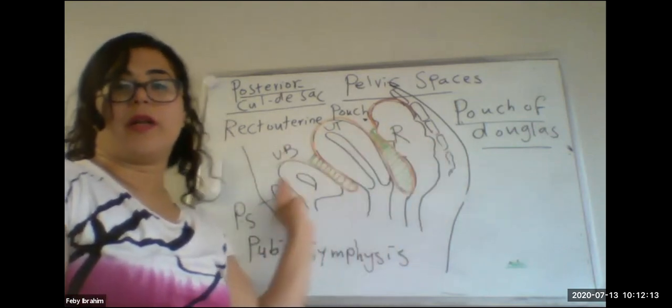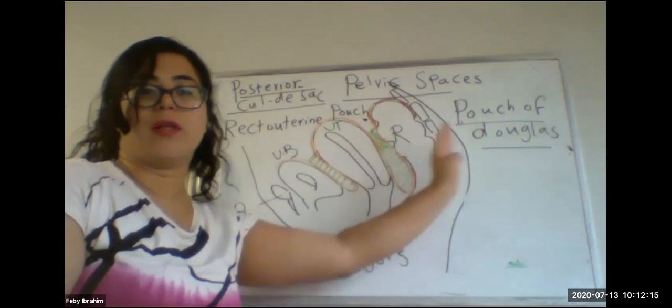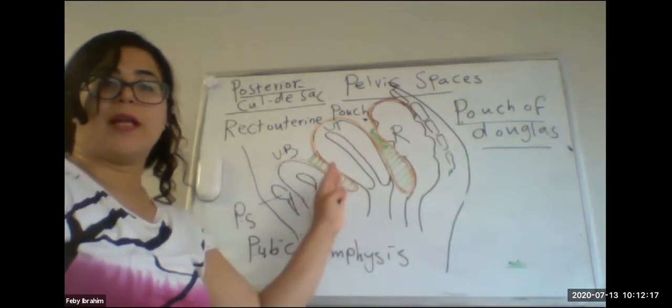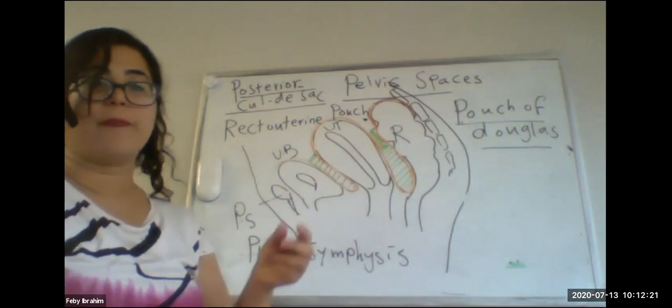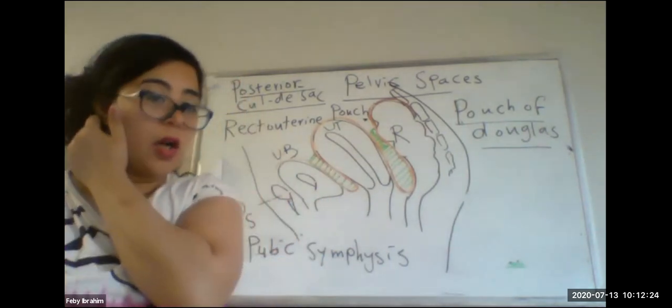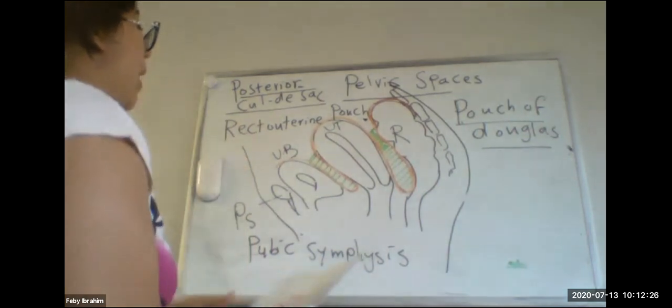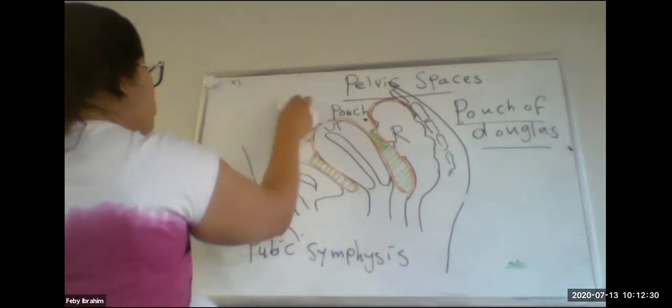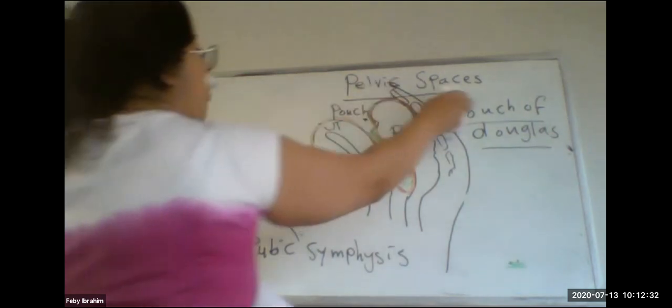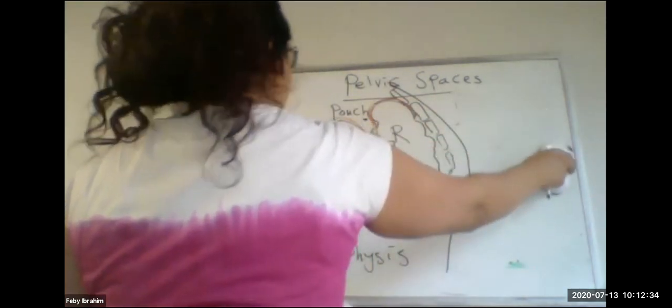So this one is called the posterior cul-de-sac, and this one, the space between the uterus and the urinary bladder, is called the anterior cul-de-sac. So I'm going to write down the other one, the anterior one. The anterior one is called the anterior cul-de-sac.